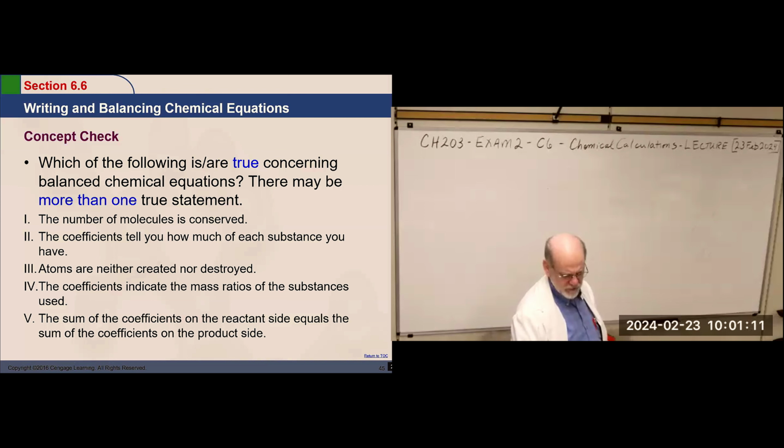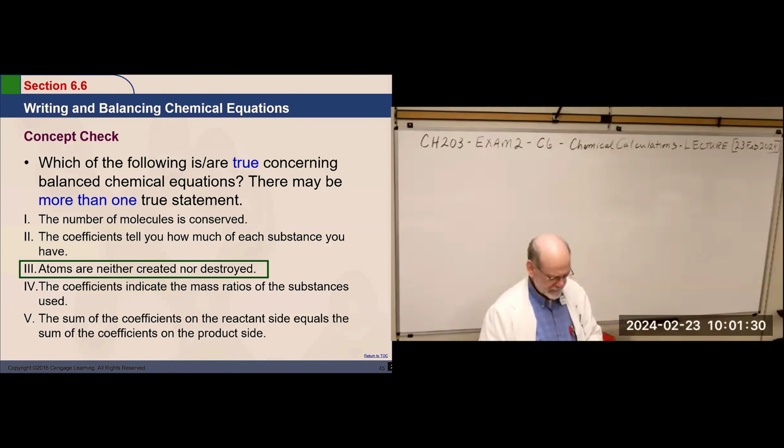Okay, which of the following is true concerning balanced equations? There may be more than one true. The number of molecules is conserved. No, sorry, it doesn't work. It's the number of atoms that are conserved. Atoms are neither created nor destroyed, right?